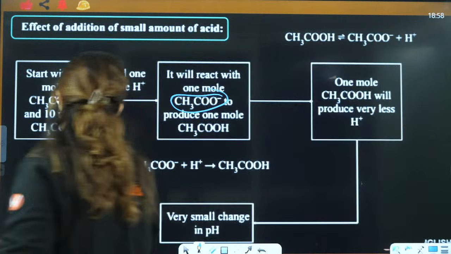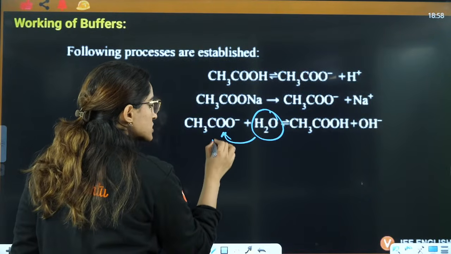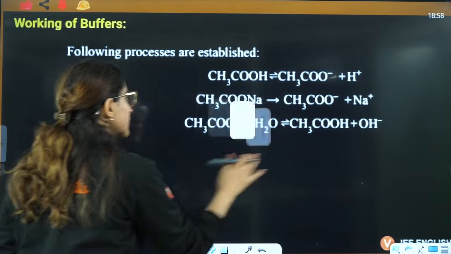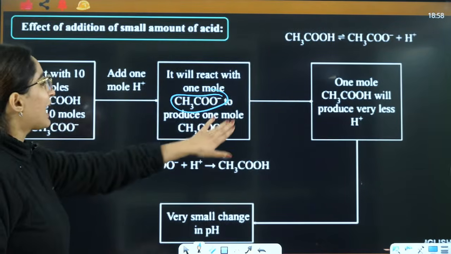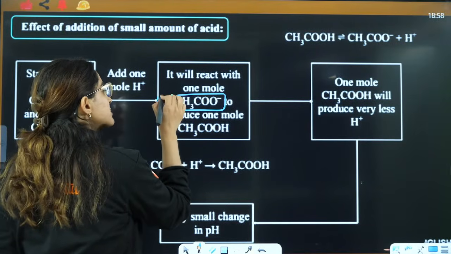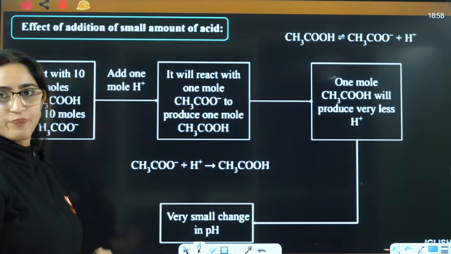See one thing. If you add water, it will take H positive from water and give OH negative to the solution, right? If you add acid directly, this CH3COO negative is going to accept H positive and get converted to CH3COOH, right?